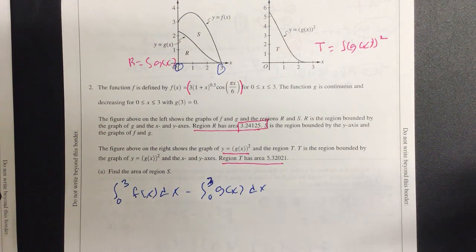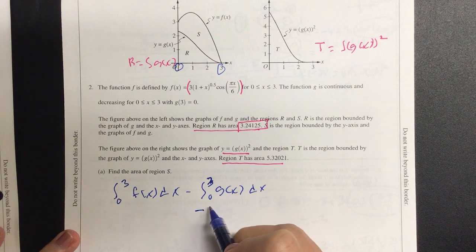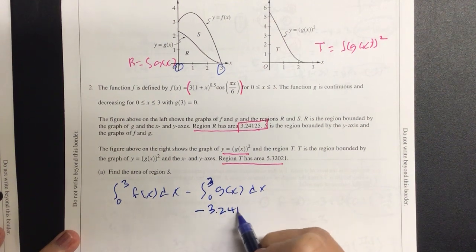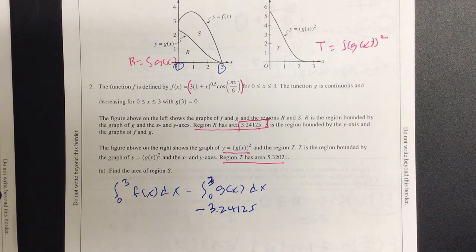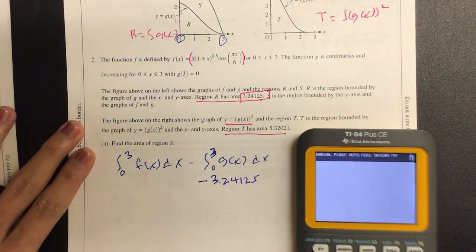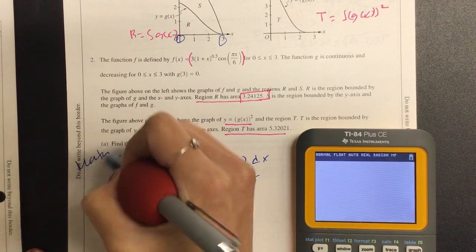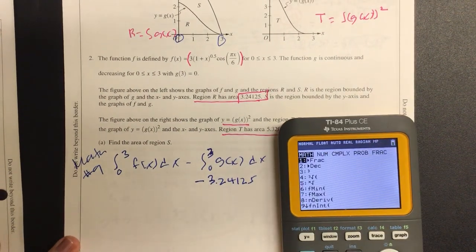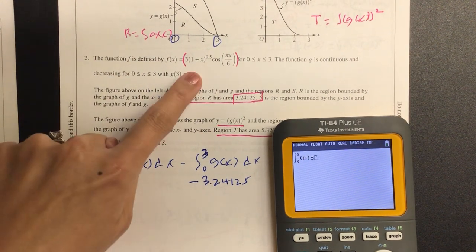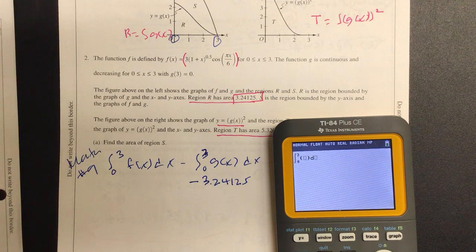So I'm going to put on here, this one already has a minus, 3.24125. And yes, put in as many decimals as possible. For the other part, since I have the function, let's do math 9, going from 0 to 3. Carefully type in the function given over here, and notice the parentheses already populated.